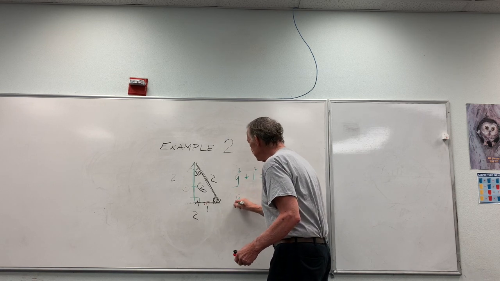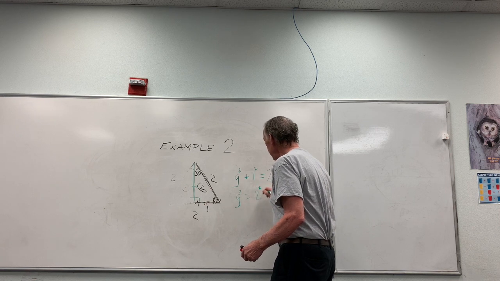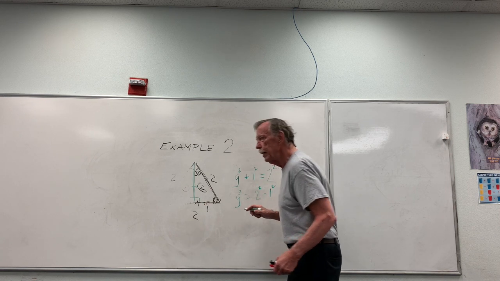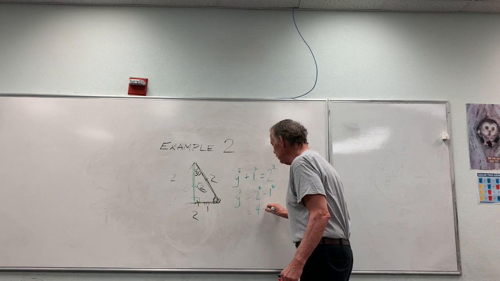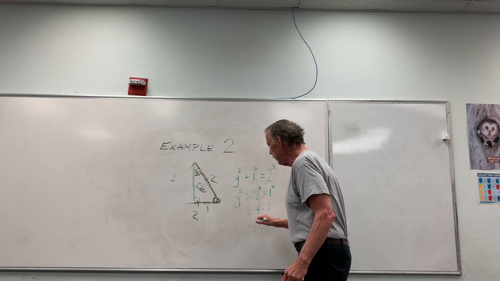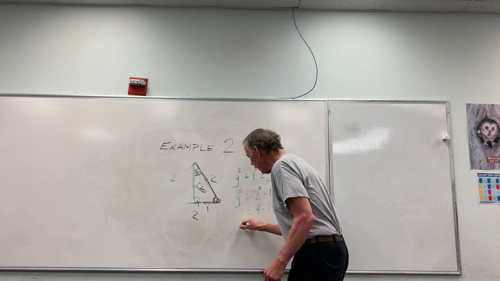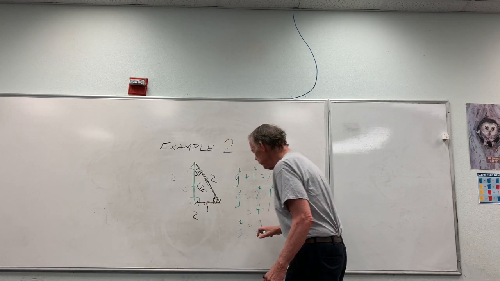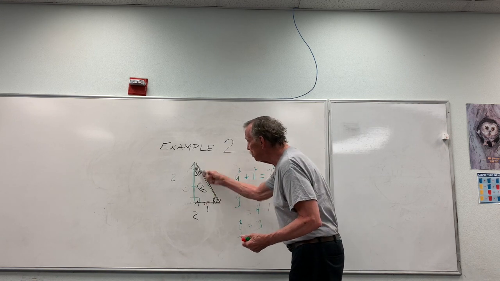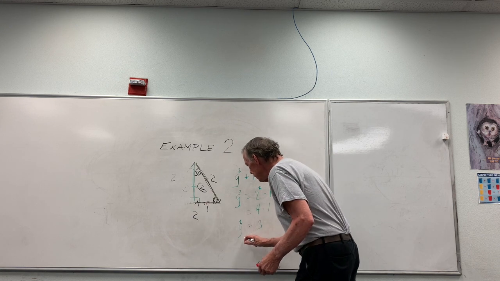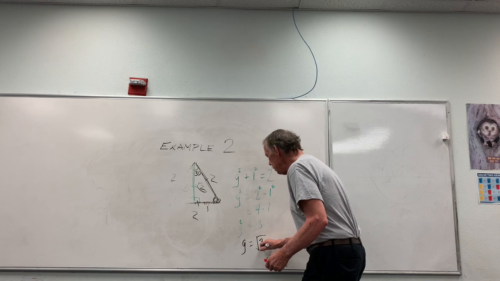So G squared equals 2 squared minus 1 squared. 2 squared is 4, 1 squared is 1, and that's 3. So G squared is 3, and G here, this piece, is the square root of 3.